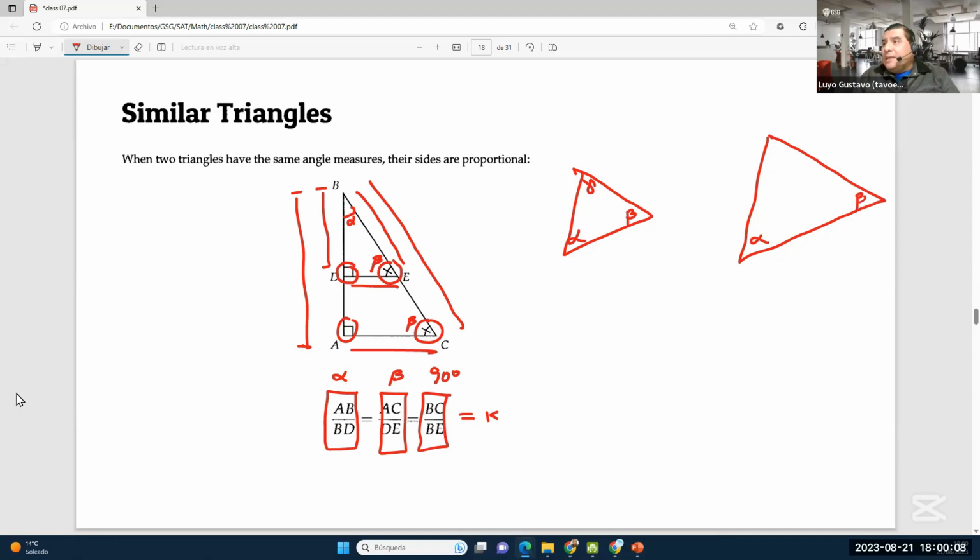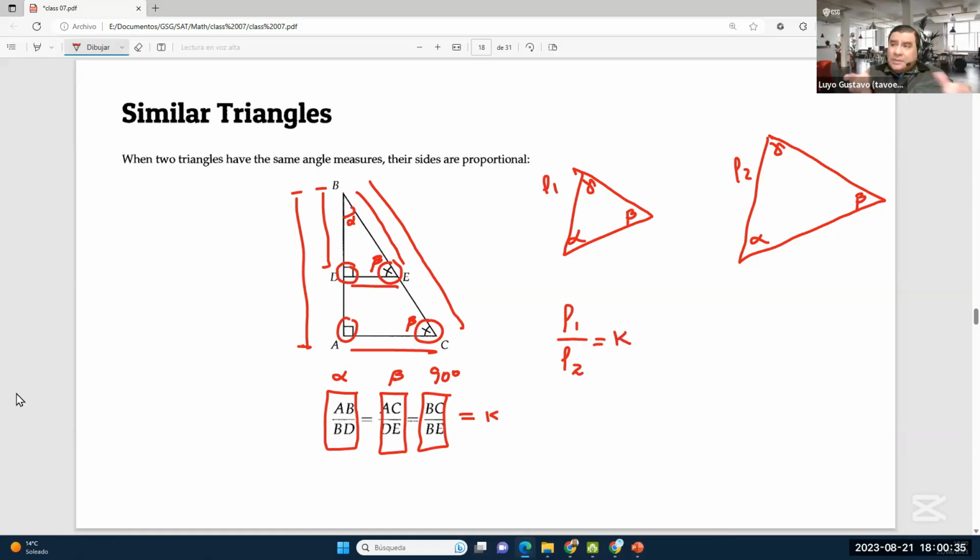So they are similar triangles. Let's say that here you have L1 and L2. You know that the ratio of their corresponding sides is a known value. Let's say K.